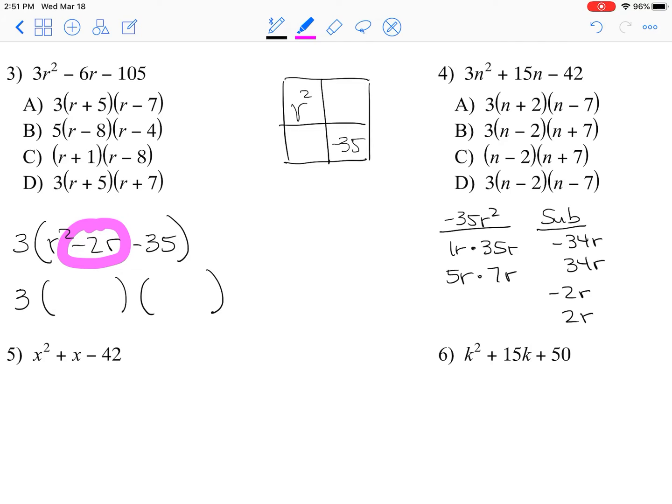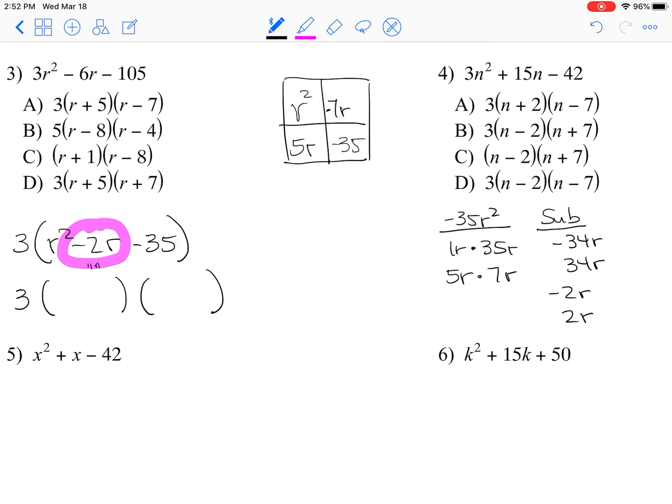So the negative 2r is going to be found by taking negative 7r and positive 5r. Had I done positive 7 and negative 5, that wouldn't have been my negative 2 down here that I've got circled with highlighter.